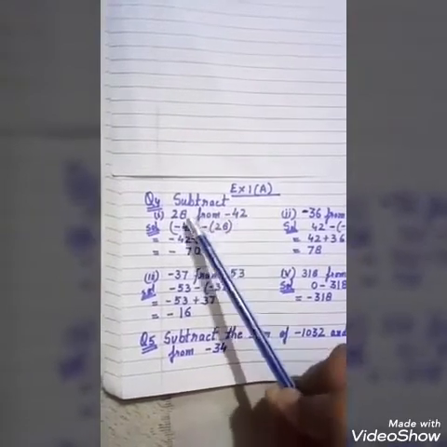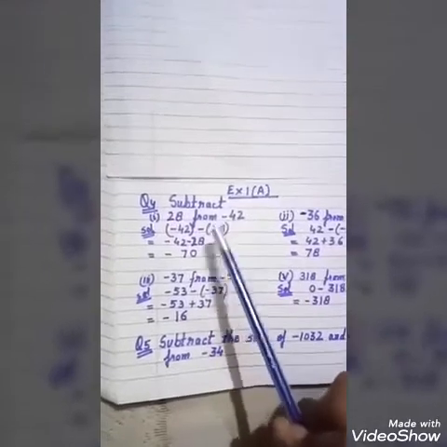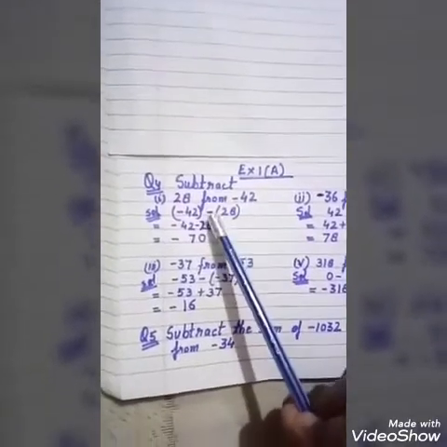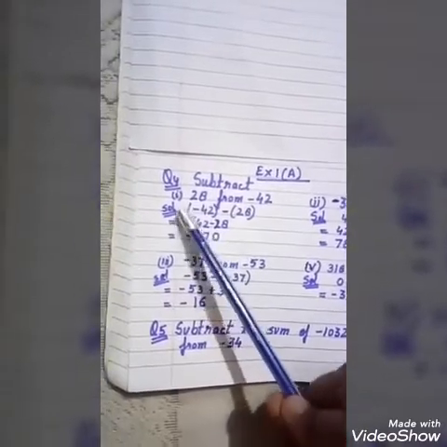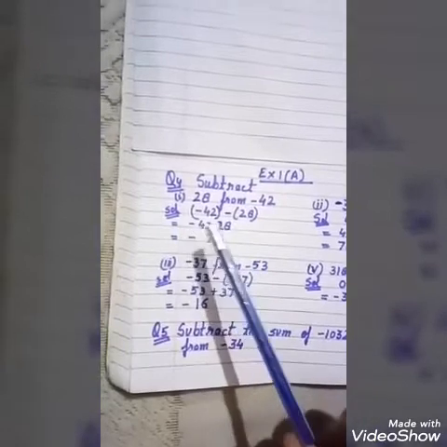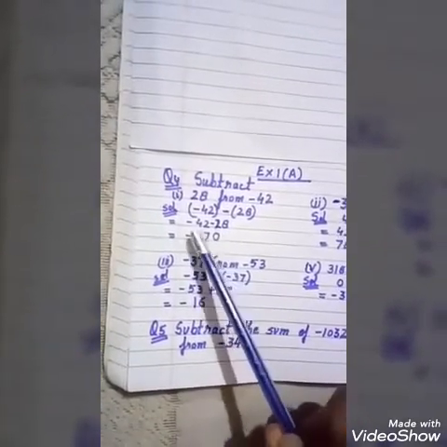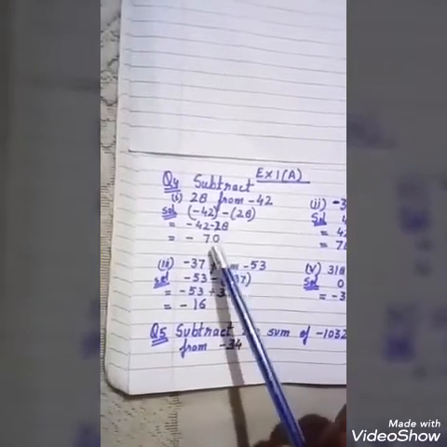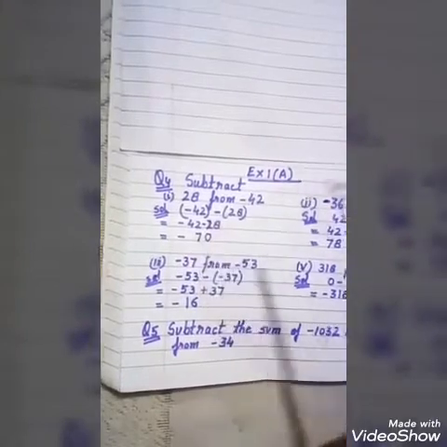So the second number will come in the first bracket and the first number in the second bracket, with the subtraction sign. Now we open the bracket. Minus 42, minus plus will be minus. Minus 42 minus 28 will be minus 70. Since both have the same sign, we add them and put the sign given in the question.